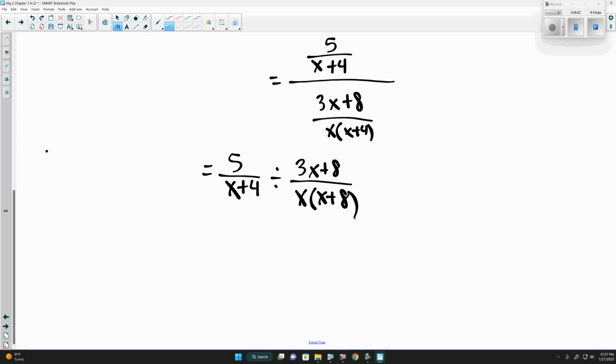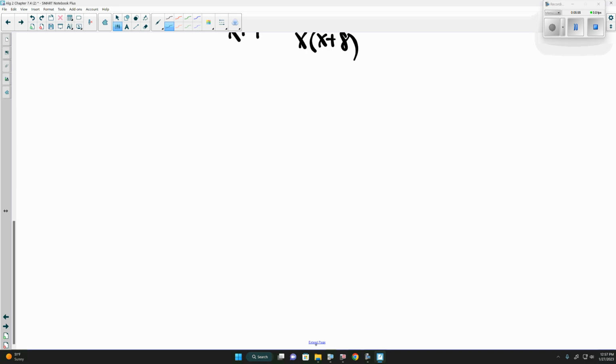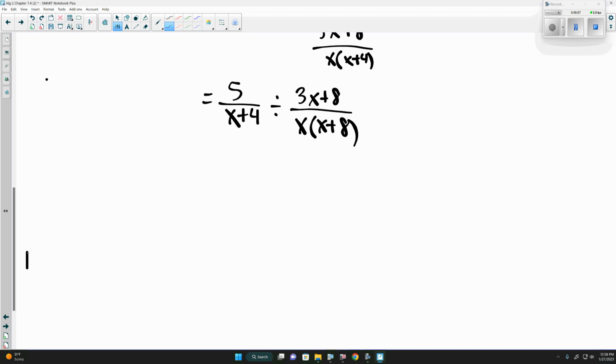So to simplify this here, well, now we're doing division. So we keep the first, change it from division to multiplication, and flip the second. Now we can multiply these together.